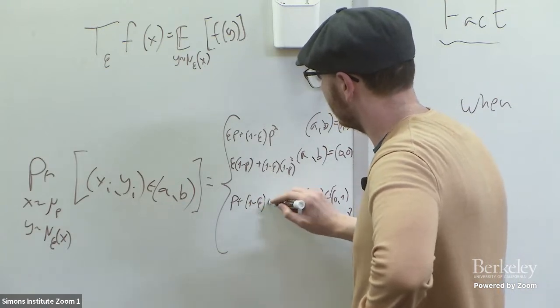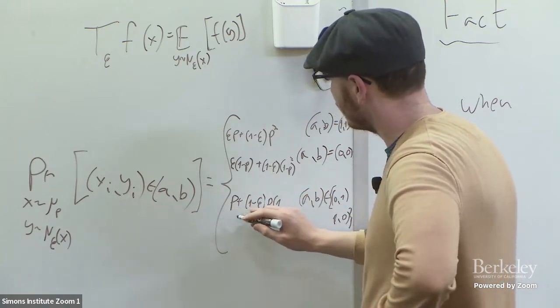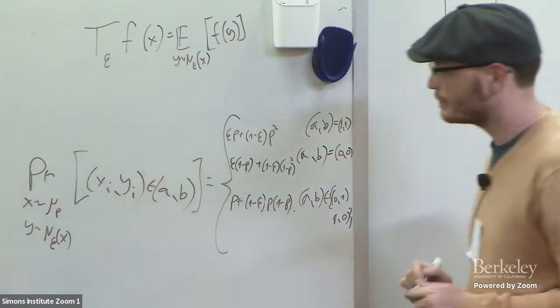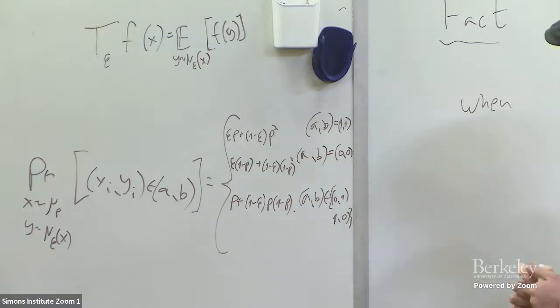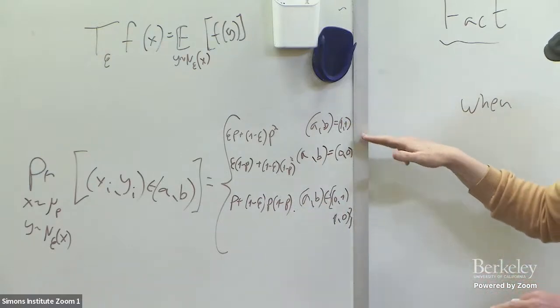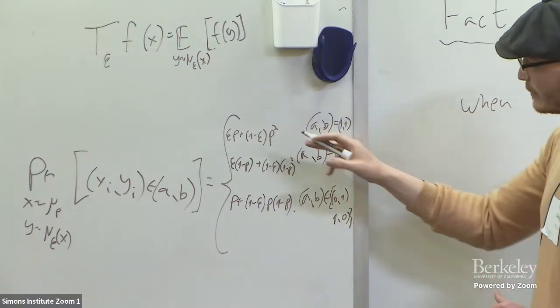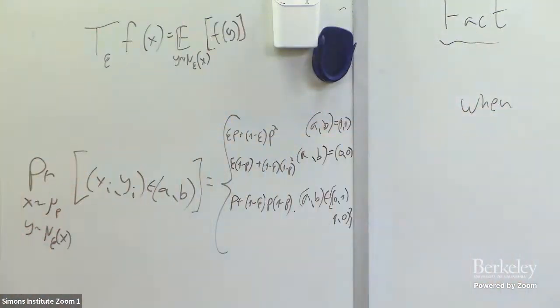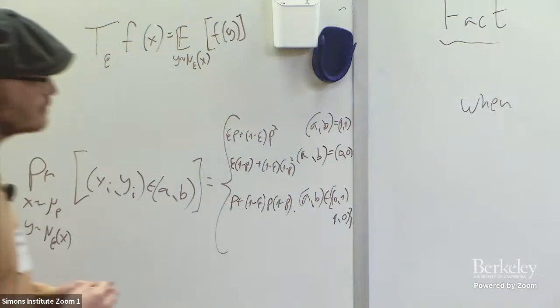So it's going to be (1 minus epsilon) p times (1 minus p). And now you can realize that this notion actually makes sense also for negative epsilon.